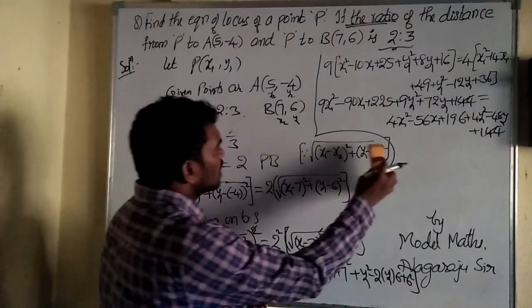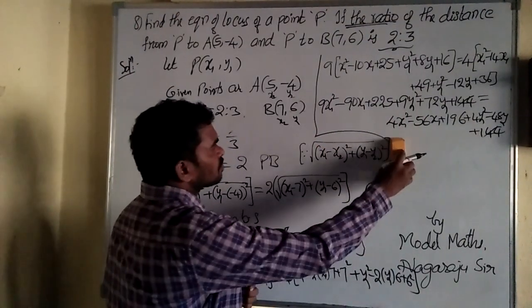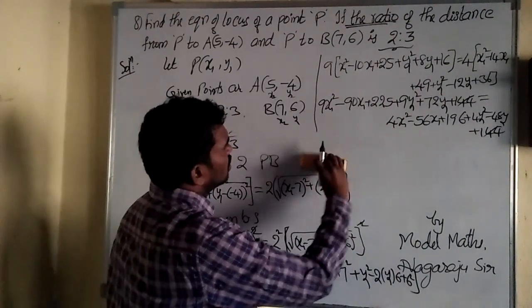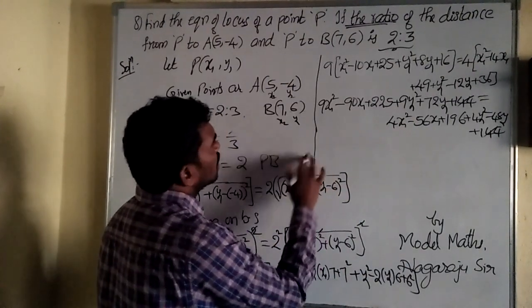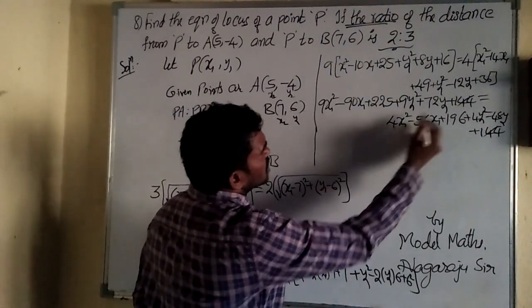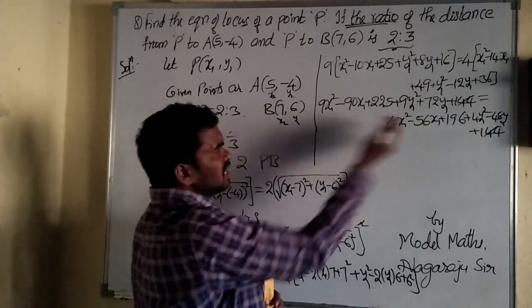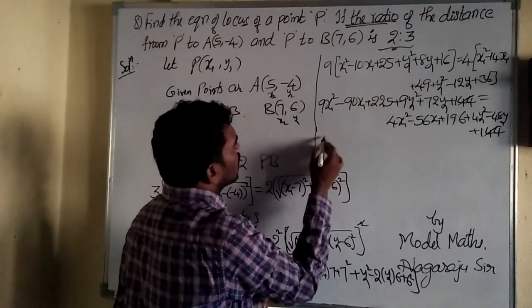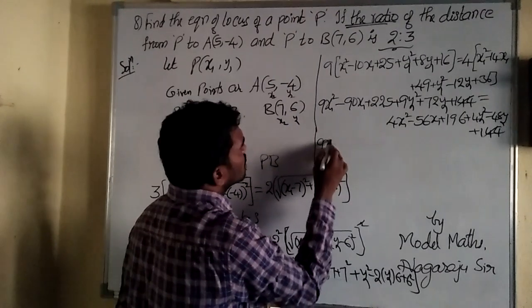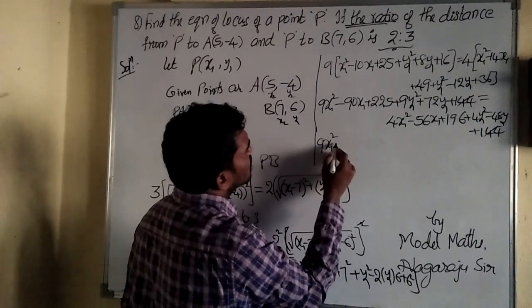Then I'm just leaving this statement, please note down. Next, after the equal sign there is 4x1 square, bring it to the left side, so it becomes 9x1 square as it is, minus 9y1 square as it is.